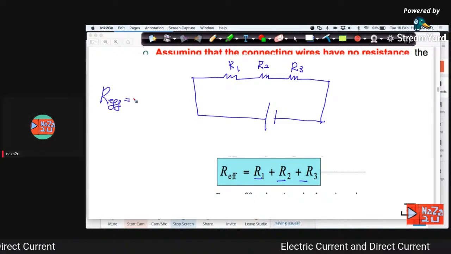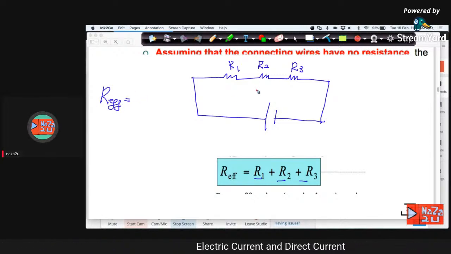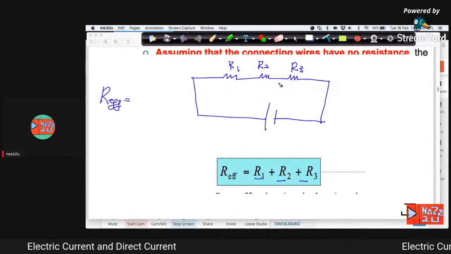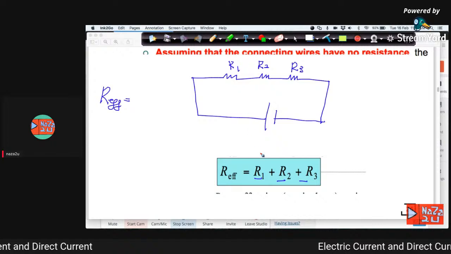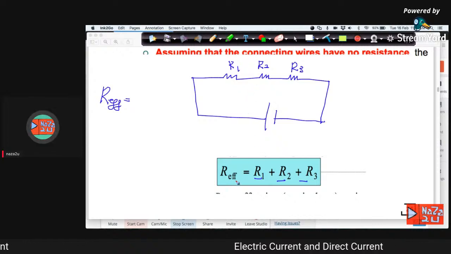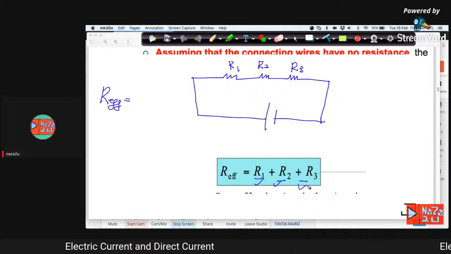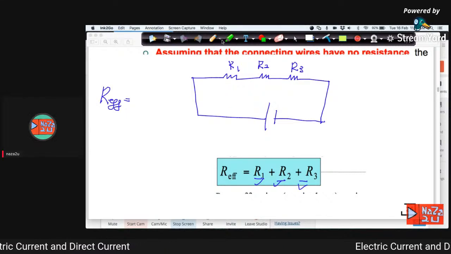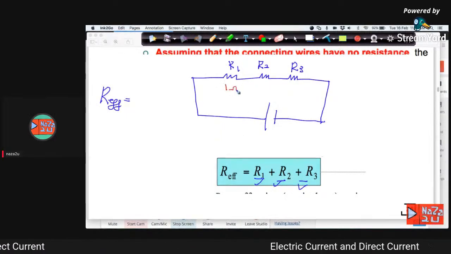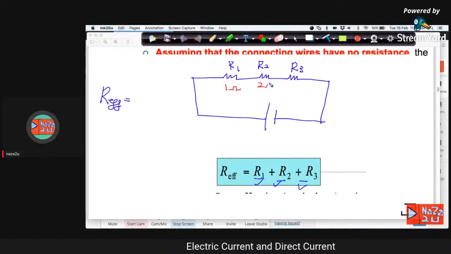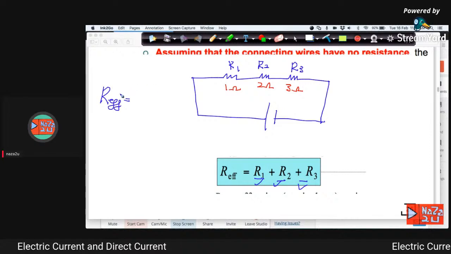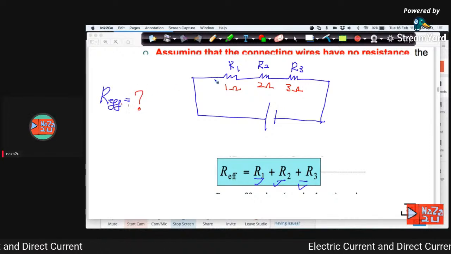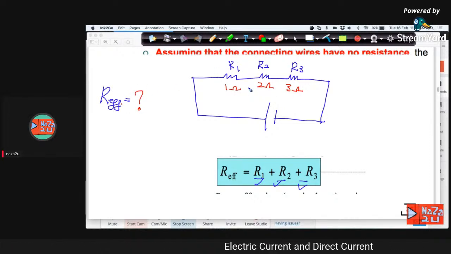Jumlah resistance dalam litar ni. So di litar resistor ni disusun secara siri. So for the series circuit, total or effective resistance is R1 plus R2 plus R3. So meaning here, let's say resistor 1 is 1 ohm, resistor 2 is 2 ohm, resistor 3 is 3 ohm. So the question is what is the effective or total jumlah rintangan dalam litar ini.